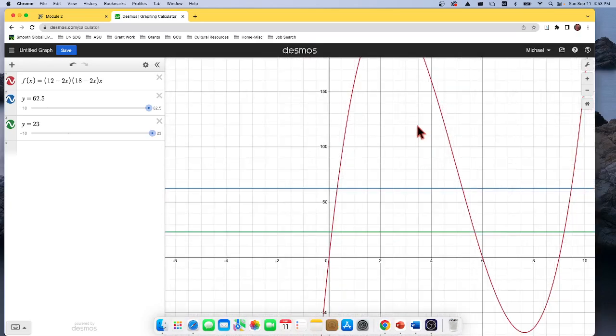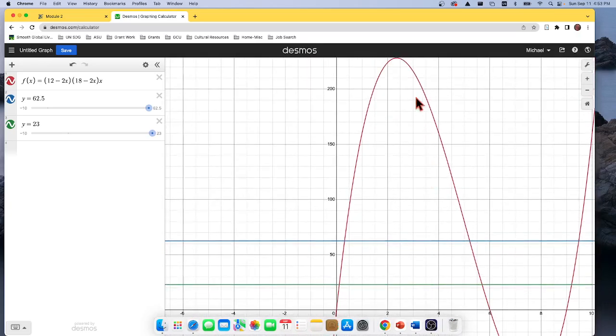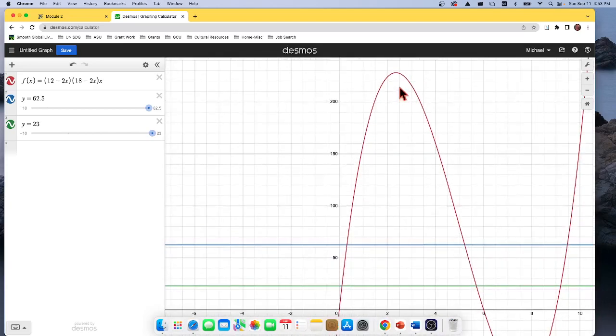And obviously you can get a greater volume because you've got more to work with. And you can see right here you'll get a maximum volume of 228 cubic inches with a cut of 2.3, 2.4 I guess if you rounded it up, right?